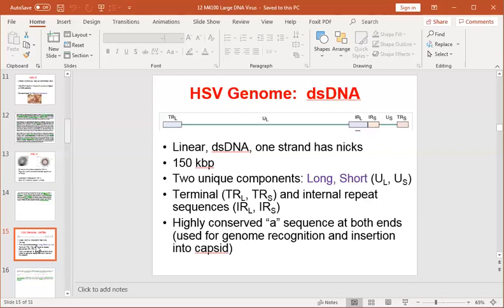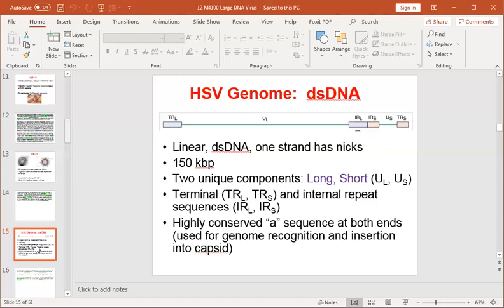And it also has a very conserved A sequence at both ends of the genome. This A sequence is used for recognition of the genome and insertion of the genome into the capsid.